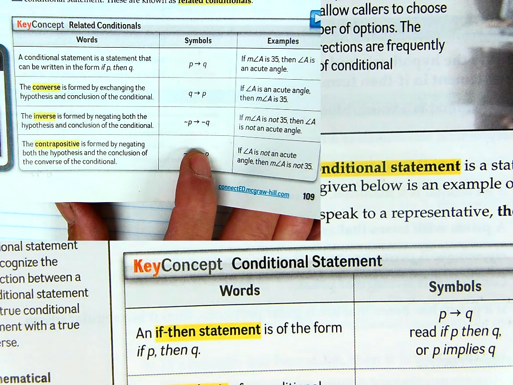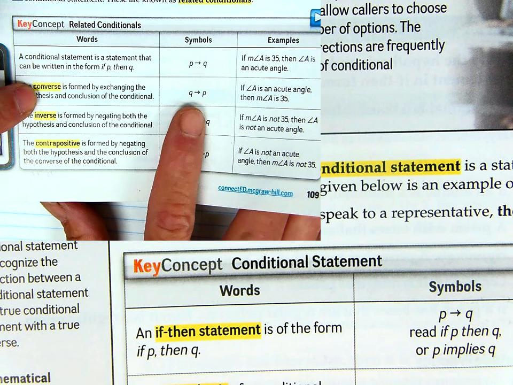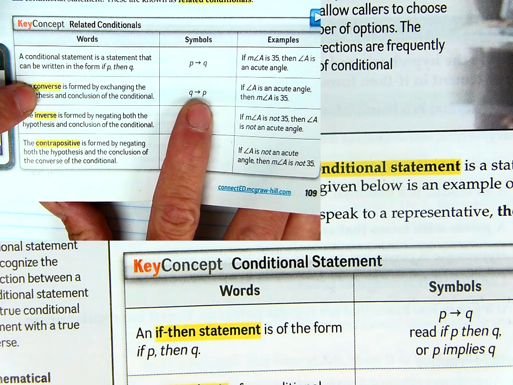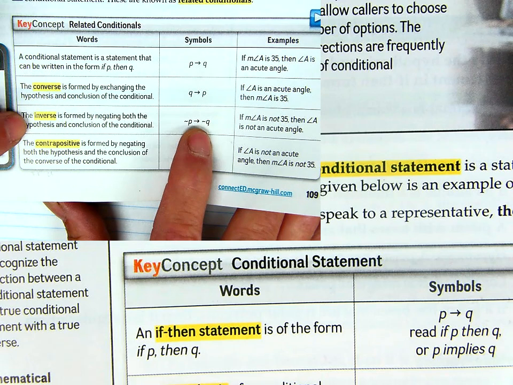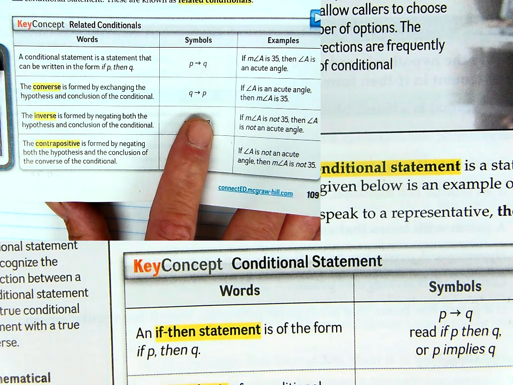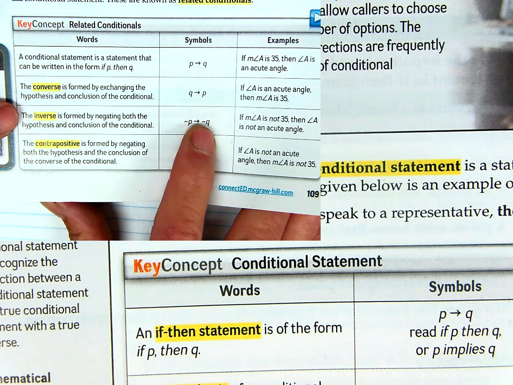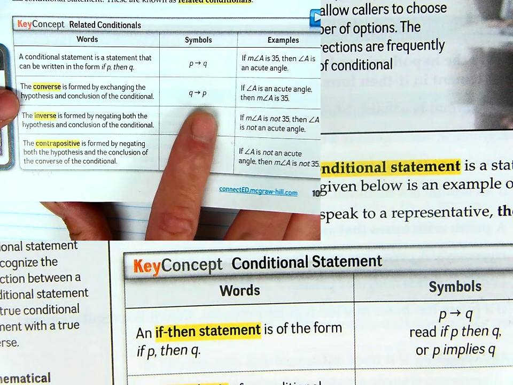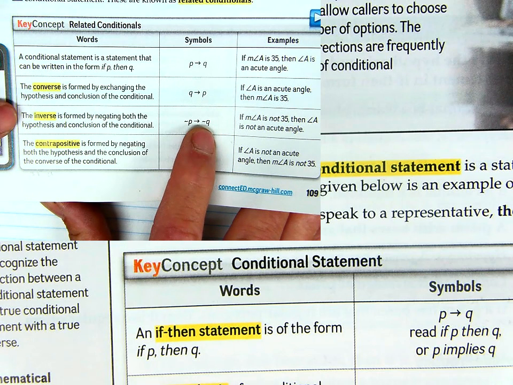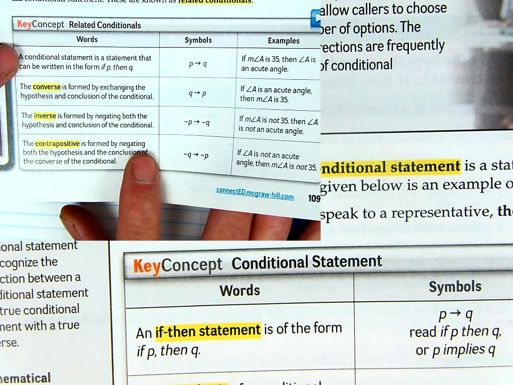As it turns out, if the converse of a statement is true, the inverse is true. If the converse is false, the inverse is false. The same thing happens with the original statement and the contrapositive.